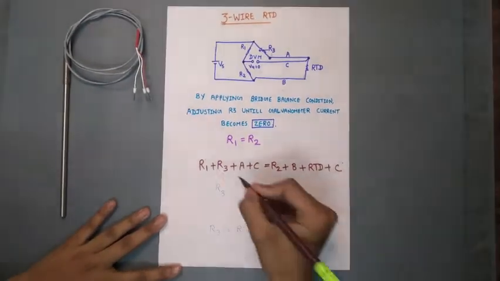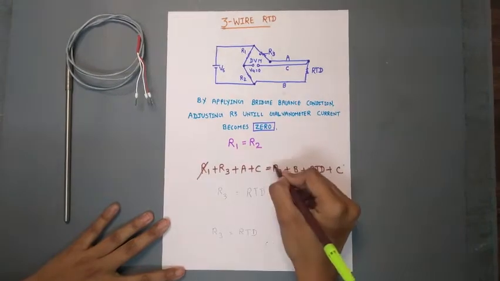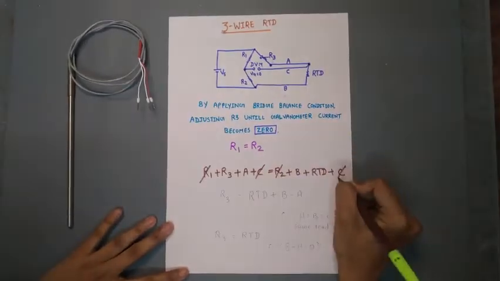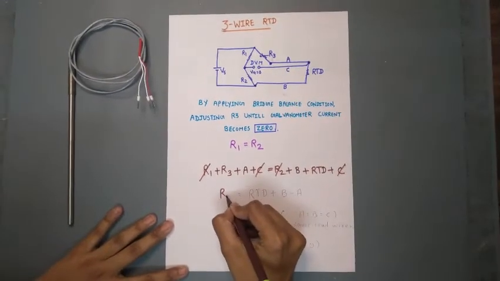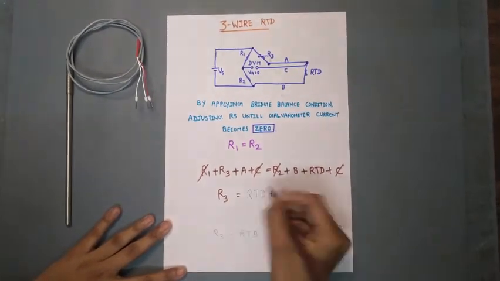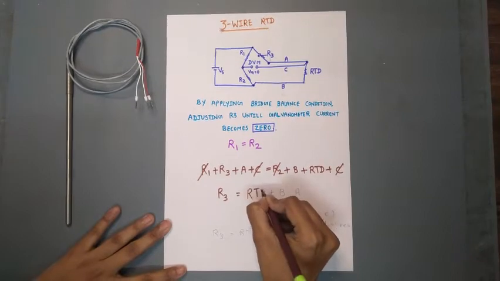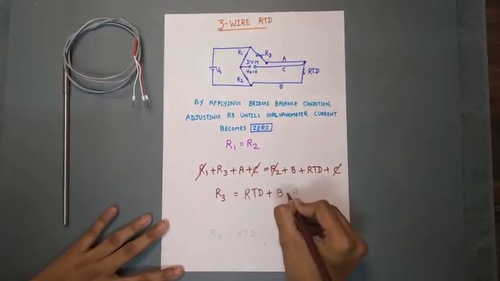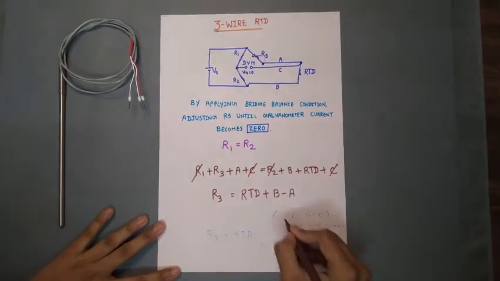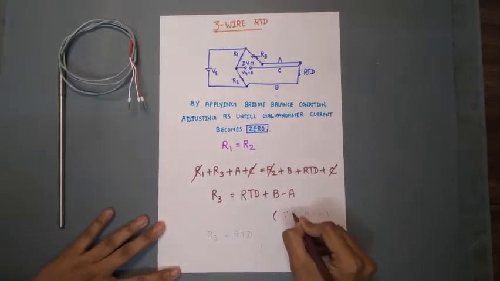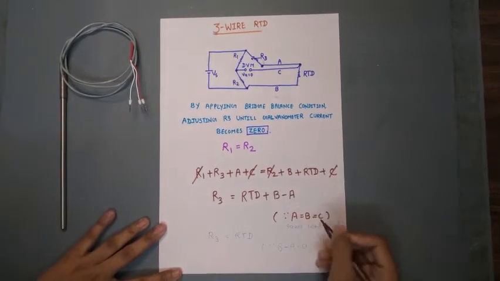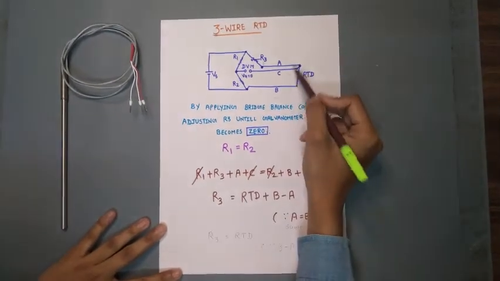Now R1 and R2 get cancelled because R1 is equal to R2, and also C and C are cancelled. So R3 is equal to RTD plus B minus A. Here, as we know, A is equal to B is equal to C because these 3 wires are the same lead wires.